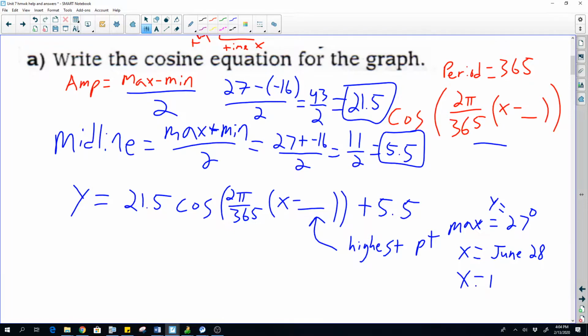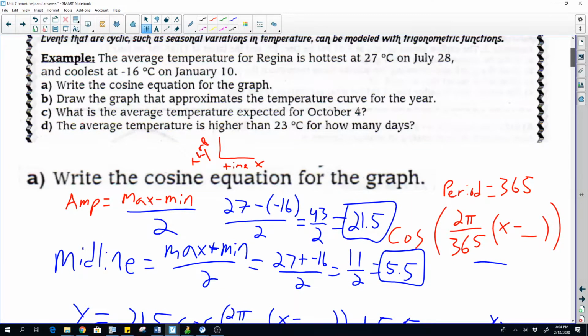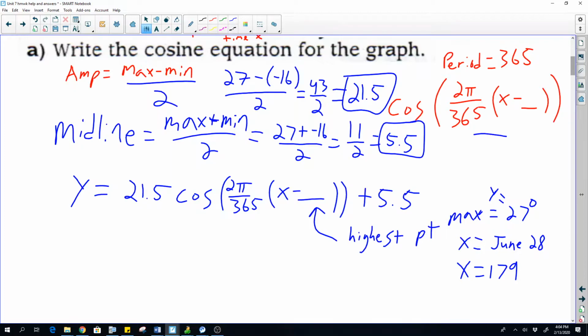So if we're starting at 179 days, that is going to be our highest temperature, our hottest temperature. Why are we choosing that 179? Because think about the graph, which we'll do next in a second. The graph wants to start off, so it'll be a phase shift at the highest point.